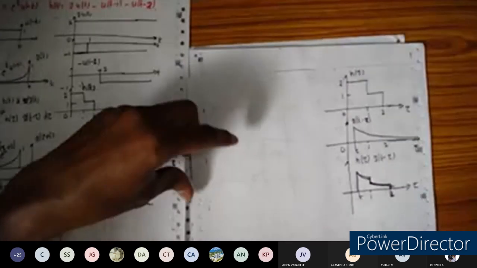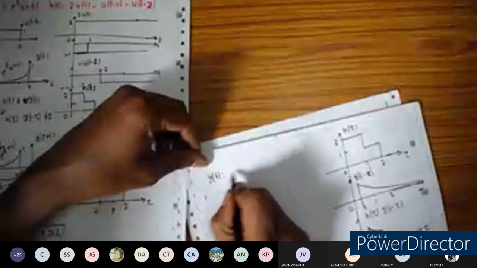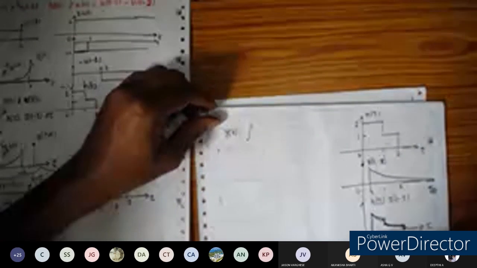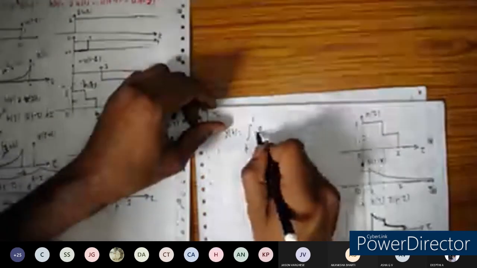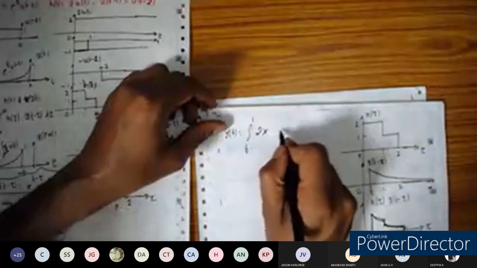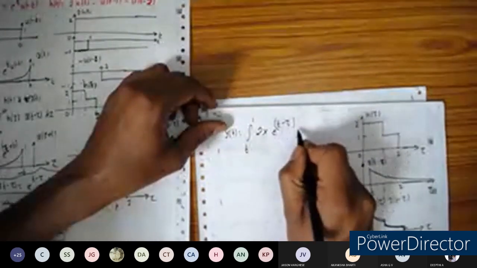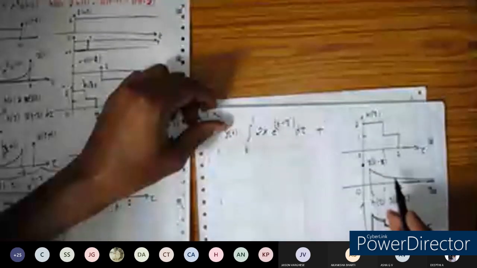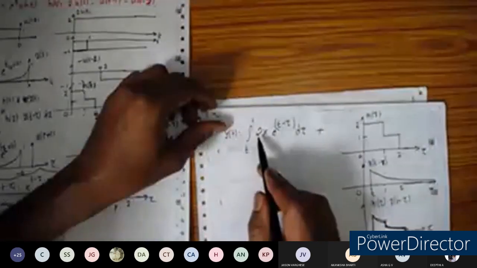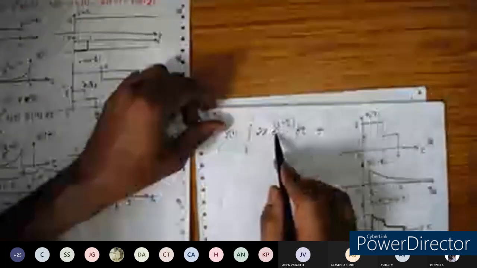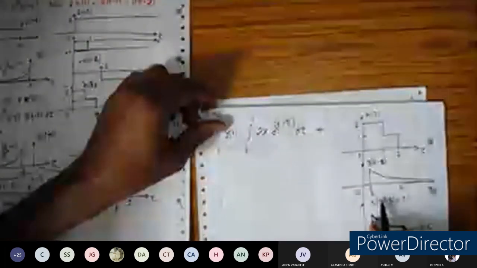Okay, now I'm going to split the integral into two parts here. The integral will be like this. So y of t is equal to integral from t to 1, we have one part of the integration. From t to 1, the corresponding amplitude of h of tau is 2, and the corresponding value is e to the power of t minus tau into d tau, which is x of t minus tau.